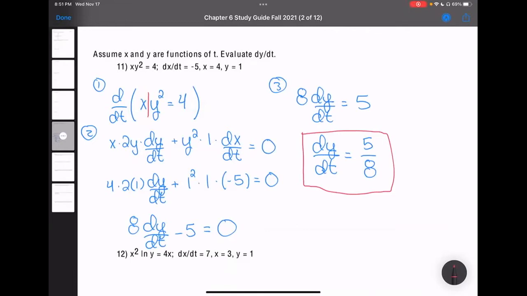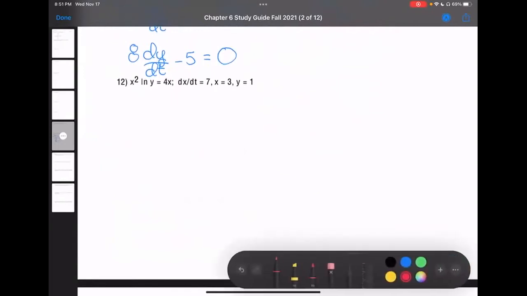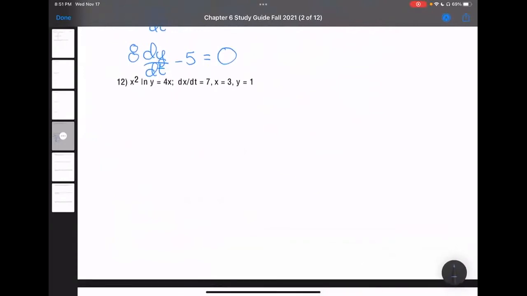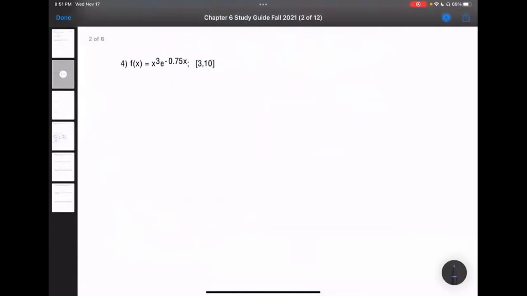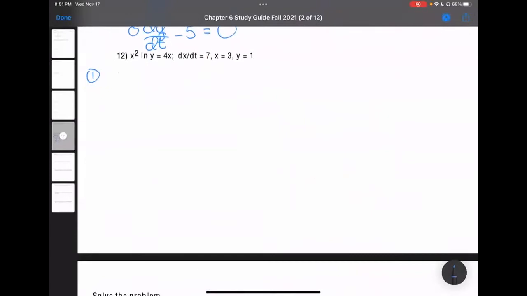Second problem, same method as the first. We just have a natural log. So as always, step 1 is to take the derivative of the entire function. So d dt of x squared natural log of y equals 4x. Now notice we have an x on the right-hand side of the equation as well as on the left, which is why we take the derivative of the entire equation, not just one side or the other.